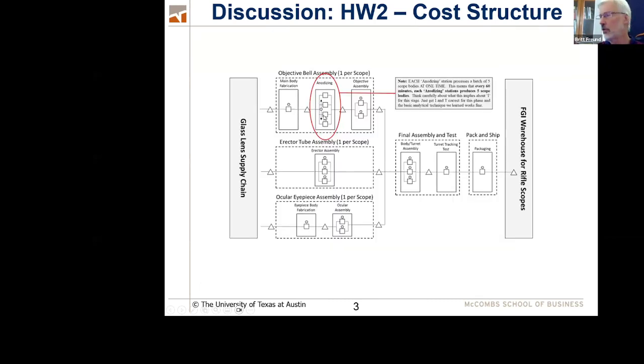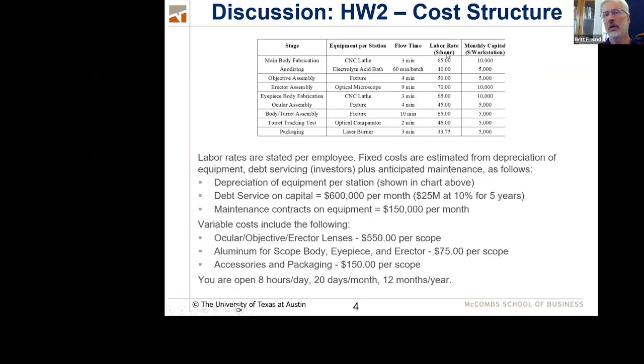There are 4 of them, so it's 4 times $5,000, and so forth. Okay, so I've given you that information, and you can simply do the multiplication of how many employees times their rate. You can add to it however many workstations or cubicles there are and what that is, and that would come up with most of the fixed cost for this problem.